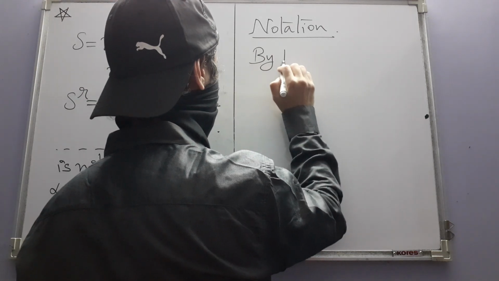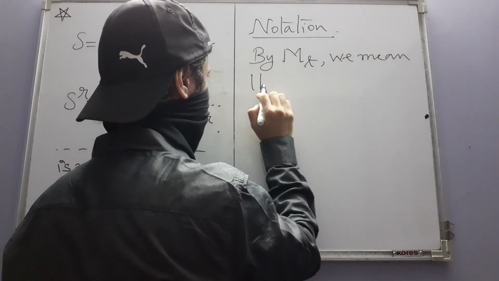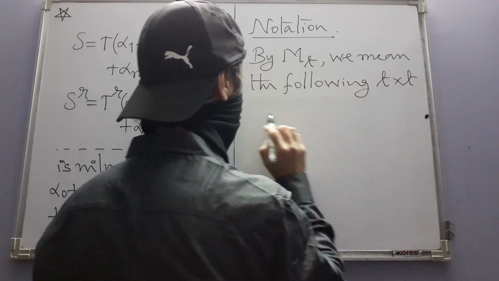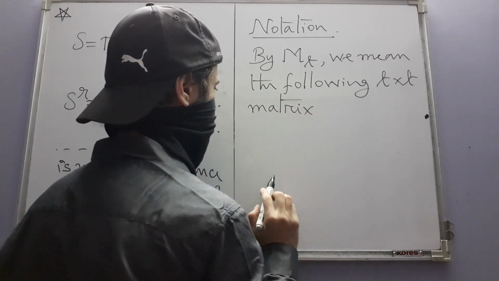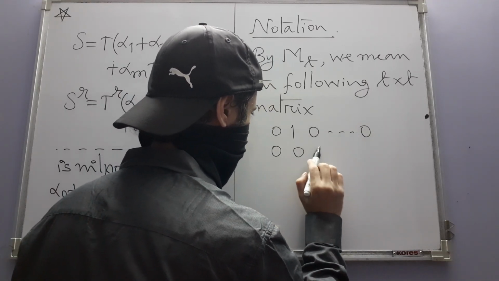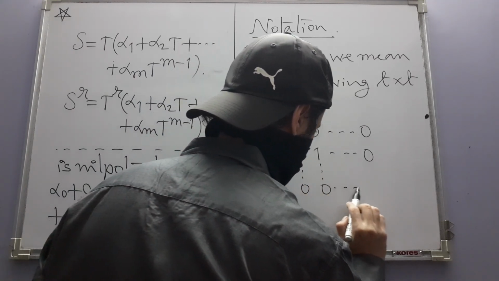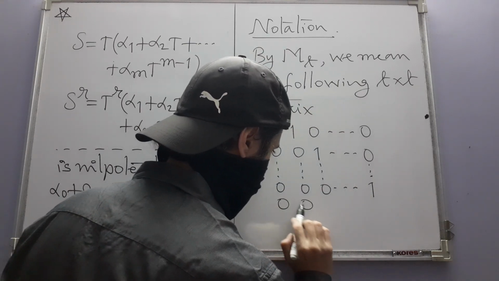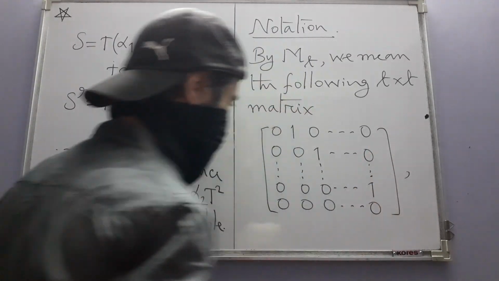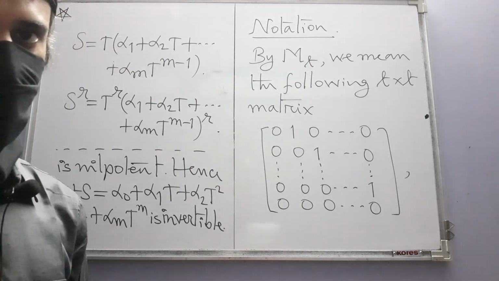By M t we mean the following t by t matrix, all of whose entries are 0 except the entries in the super diagonal.